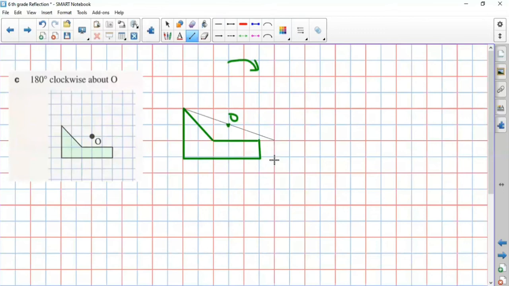Okay, 180 degree. If you measure, it is a line, we said. So this point will come here. Let's name A1, B, C, D, and E.